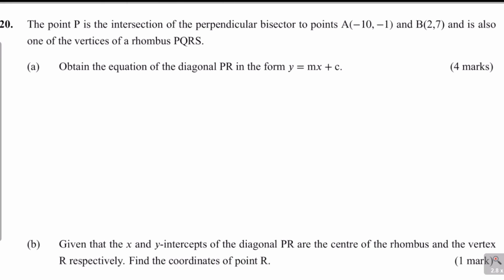So the first thing you're going to do is have a sketch of this rhombus and see where P lies. So I'll draw the sketch of a rhombus, and then show you where P is supposed to be. You should know the properties of a rhombus. All the sides are equal.